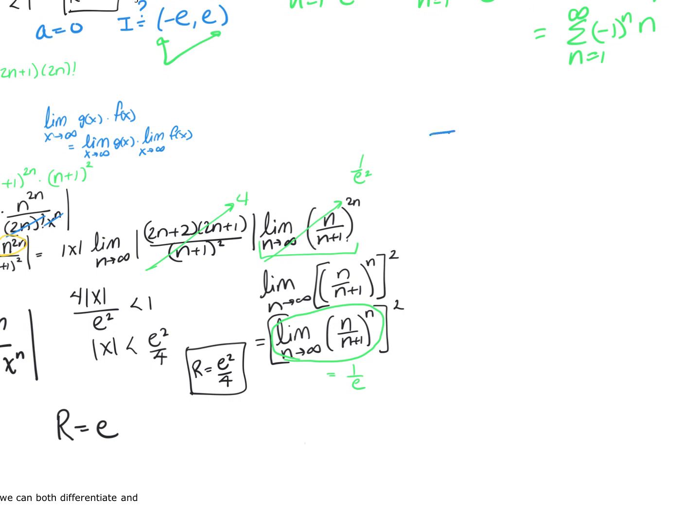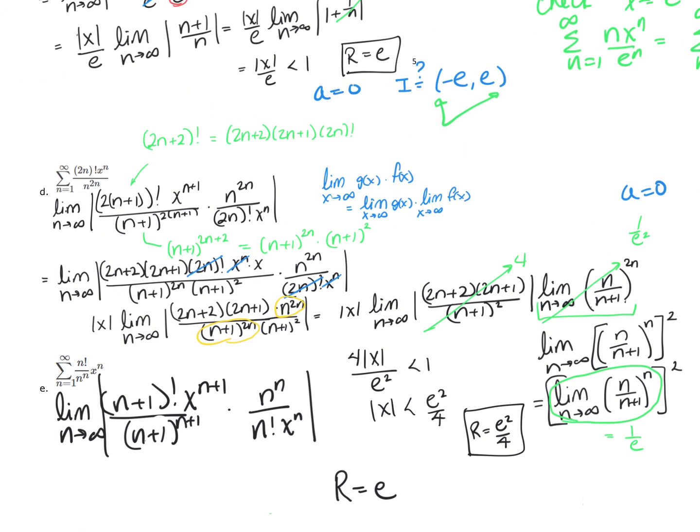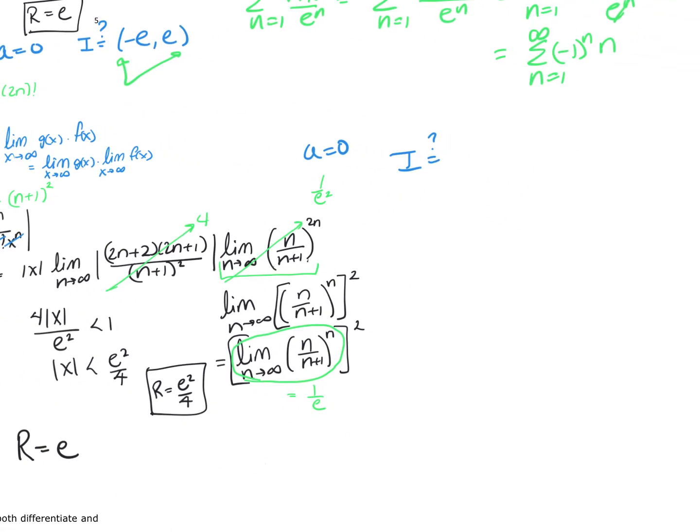So what I think my interval of convergence is, since my a is 0, and remember I know my a is 0 because I don't see here x minus any number raised to the n, it's just x to the n. So I think my interval of convergence is negative e squared over 4 to e squared over 4. That's what I think it might be.